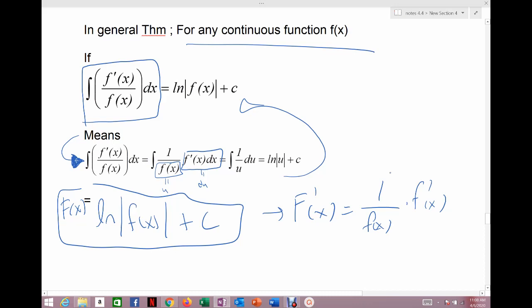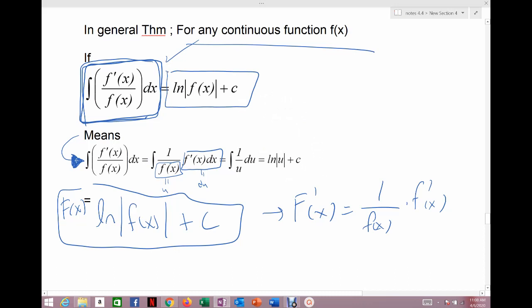And so whenever we have this ratio, this is my check. If I ever have an expression that looks like this, there's no work to be done. All I do is check that that's true. If that's true, then my antiderivative has to be the natural log of the denominator. And again, we always take absolute values because natural log can only be positive inside, plus some unknown constant.